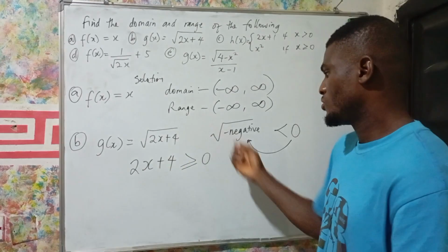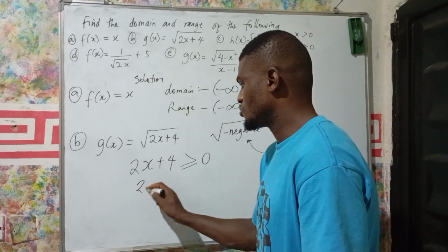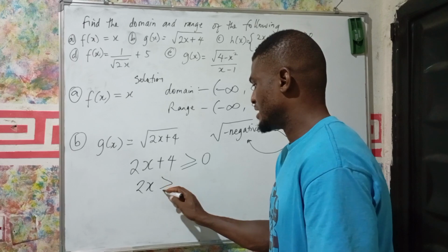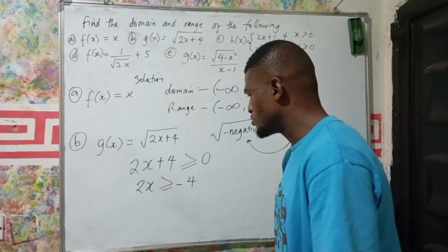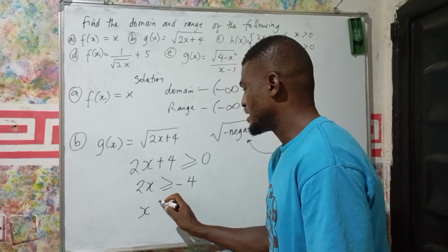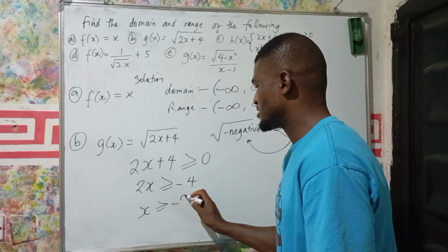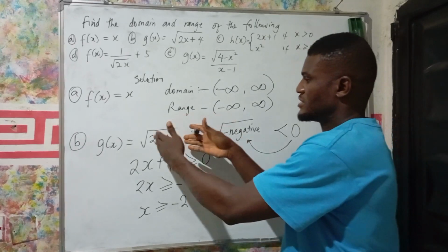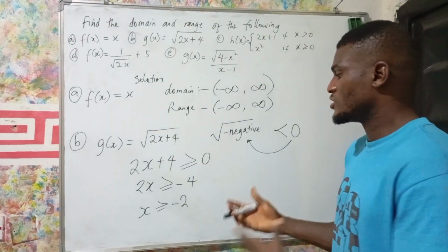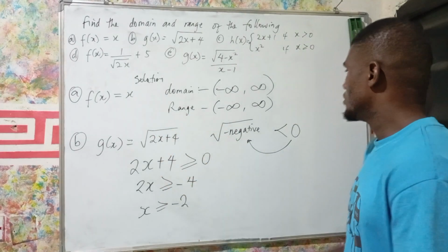So we move 4 to the other side, and we have 2x is greater than or equal to negative 4. We divide both sides by 2, and then we have that x is greater than or equal to negative 2. So these are the set of values that if you insert into this equation is going to give you an actual value.